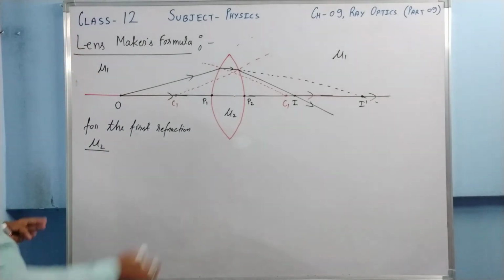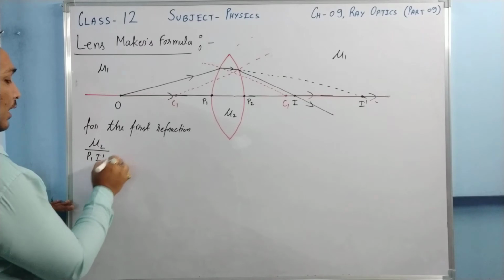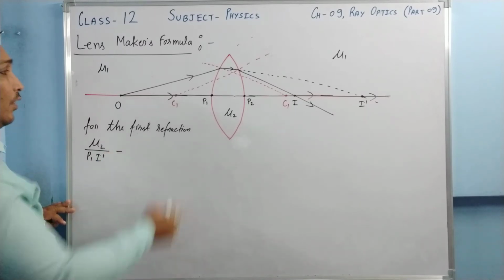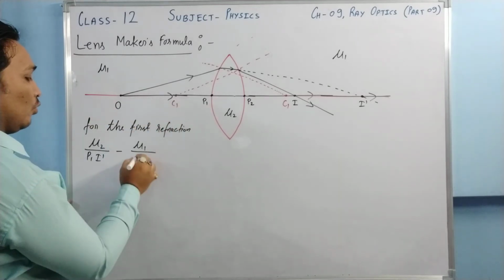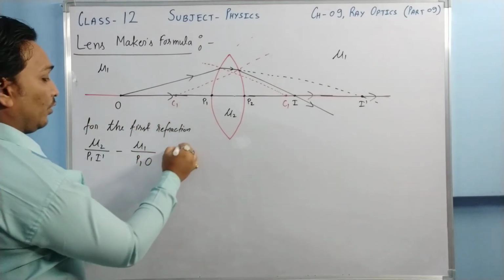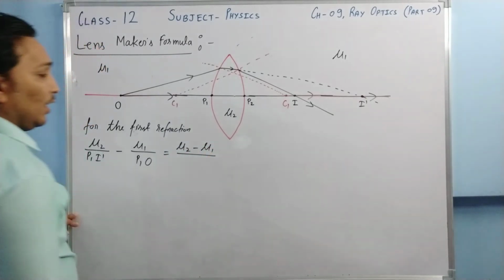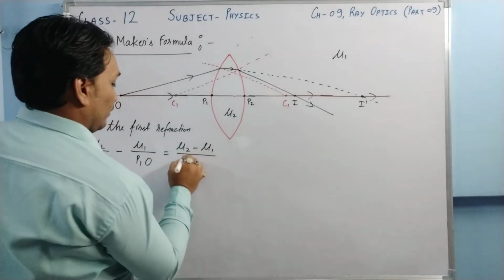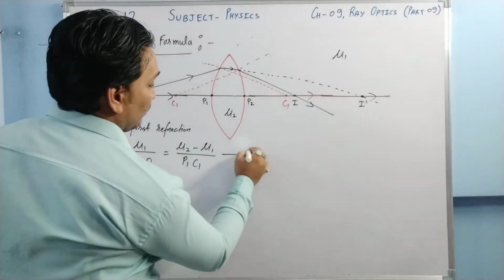I dash is the image formed by the first surface. So it will be mu2 upon P1 I dash minus refractive index of the first medium, mu1, upon object distance, P1O, is equal to refractive index of second medium minus refractive index of first medium upon radius of curvature. Radius of curvature is P1C1. Let this be equation number 1.